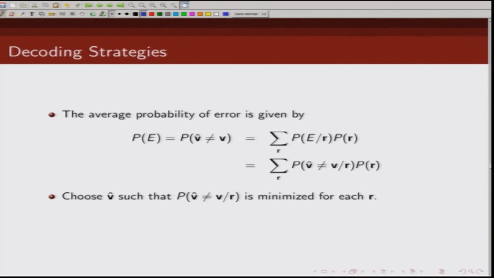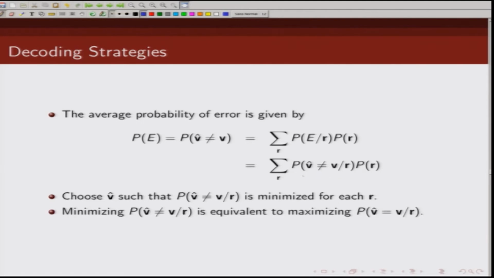So, in other words, if I have to minimize the probability of error, I should choose my V hat in such a way that this is minimized. For each receive sequence R, this term should be minimized. Okay.